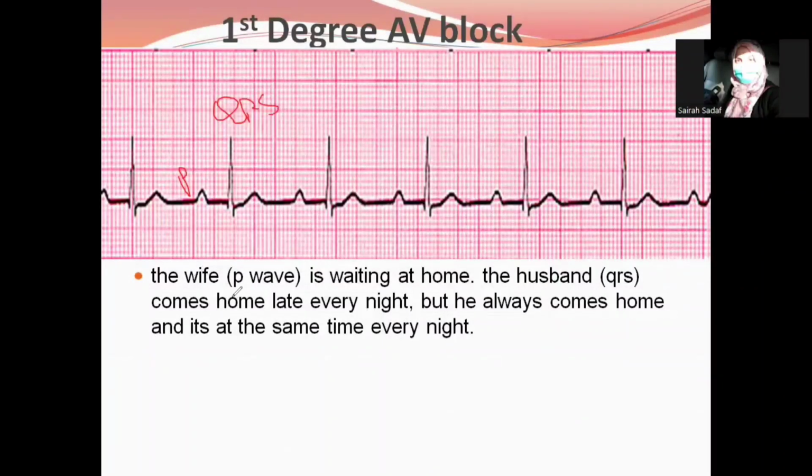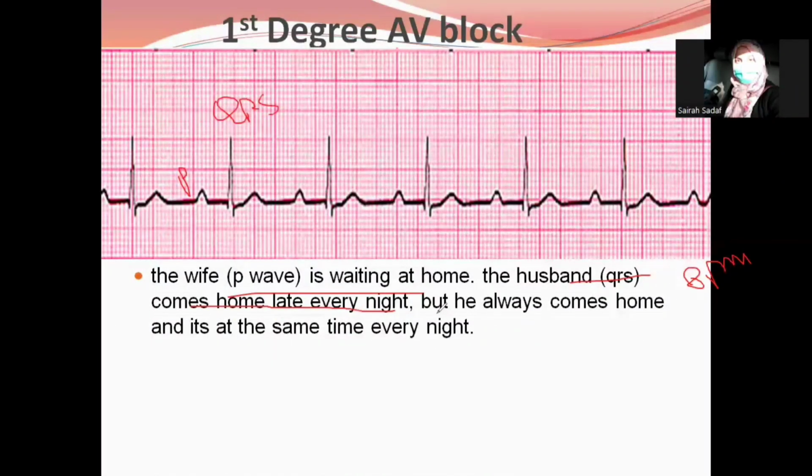Okay, now the wife is waiting at home. She's sitting there and waiting at home. The husband, that is the QRS complex, comes late every night. Before that, when there was a sinus rhythm, he used to come at 8 p.m.